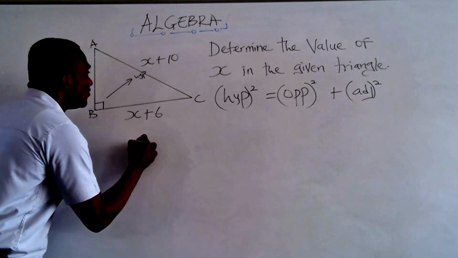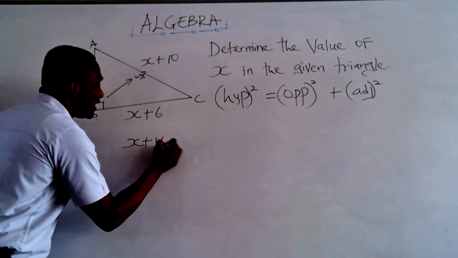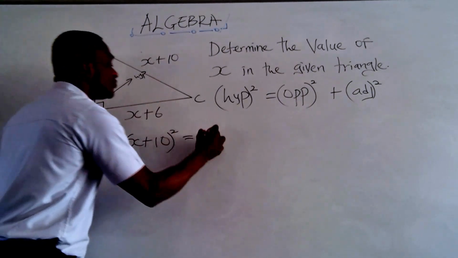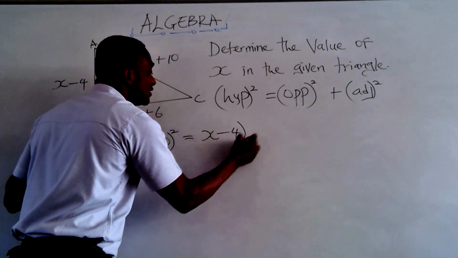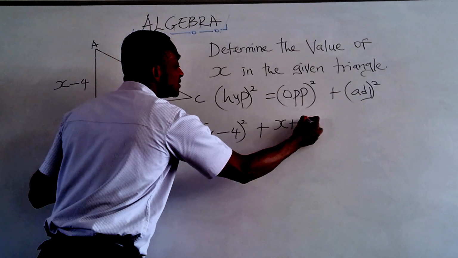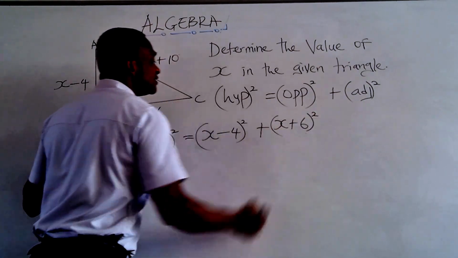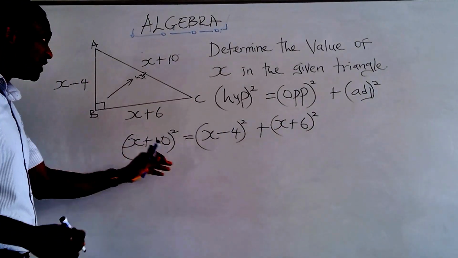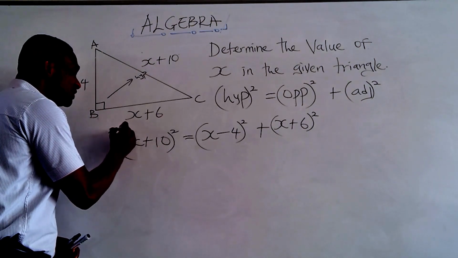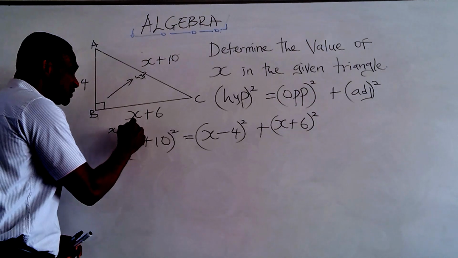So here we have (x + 10) all squared, that's the hypotenuse, will be equal to the sum of the squares of the other two sides: (x - 4) squared plus (x + 6) squared. What do we do? We expand this. Please remember that this is not x squared plus 10 squared, but we expand the brackets into two places.